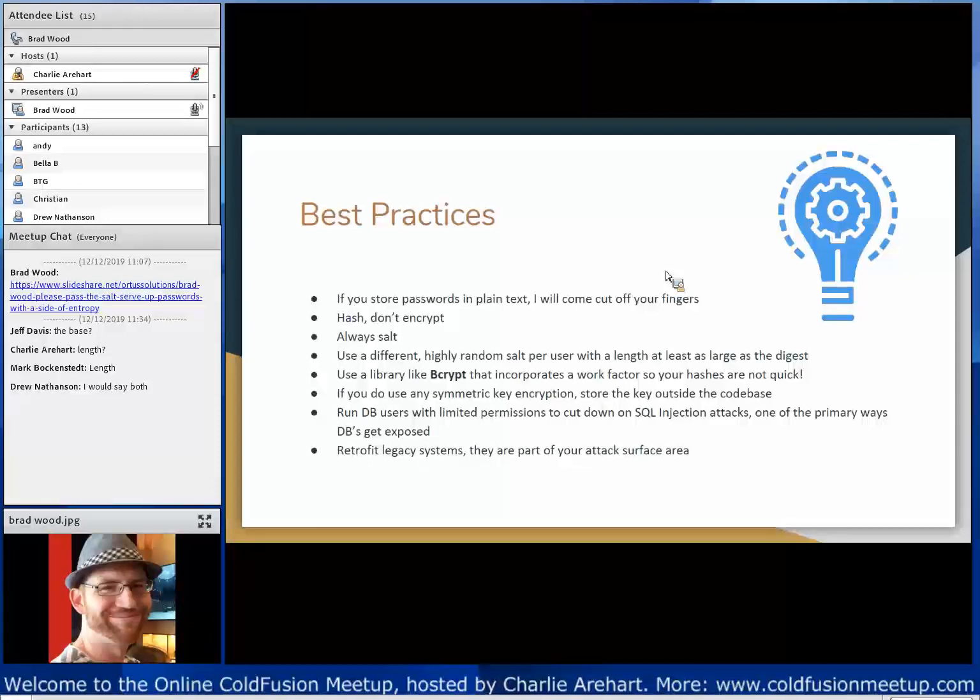Let's say 80% of your users have logged in and you've converted most of them, and then with the rest of them you can send an email saying, hey, we've updated our password requirements, click here and set a new password. You kind of have to tiptoe around those legacy systems, but it's definitely worth it if that legacy system is going to be there for a while.